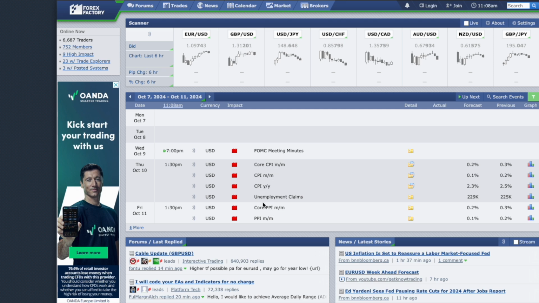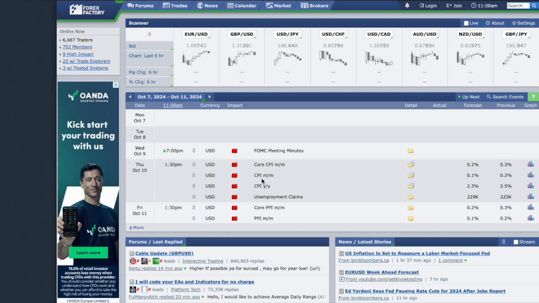So on these 2 days, right? So the FOMC, that's going to do what it's going to do, right? In my opinion, it doesn't really set anything. It just causes chaos, in my opinion, right? However, CPI and core CPI and PPI, I believe, are going to set the trend as to where we are in the market.